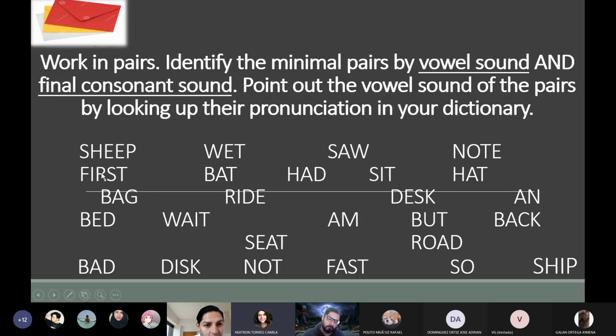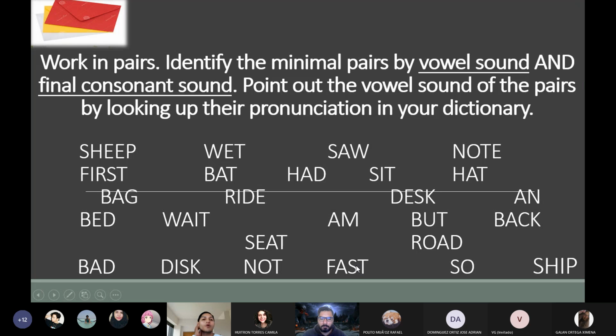And desk. First and... where is the desk? No, they have three different sounds. But maybe first and fast.